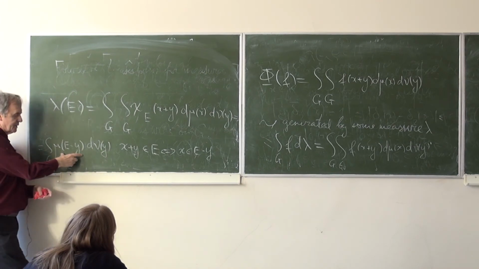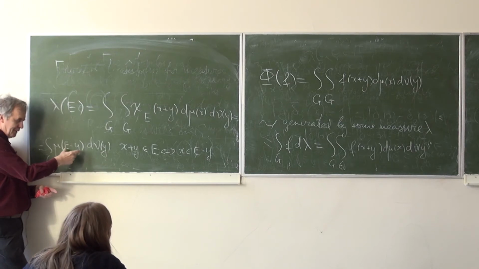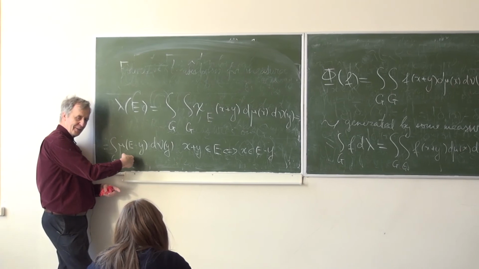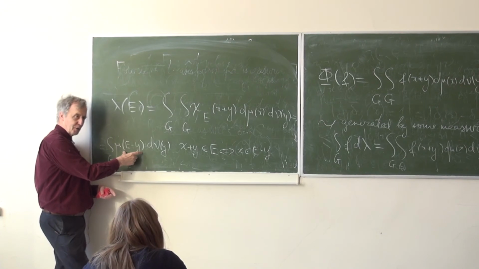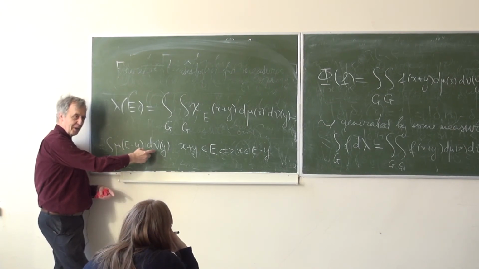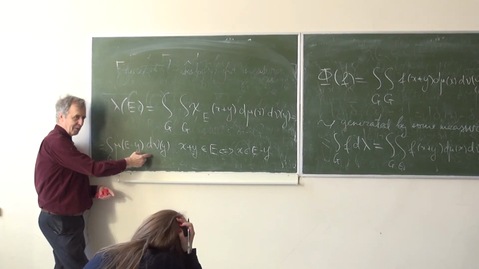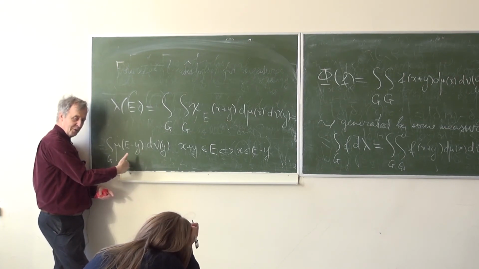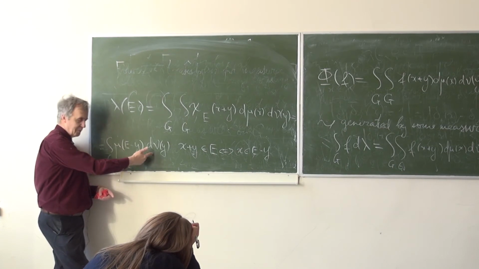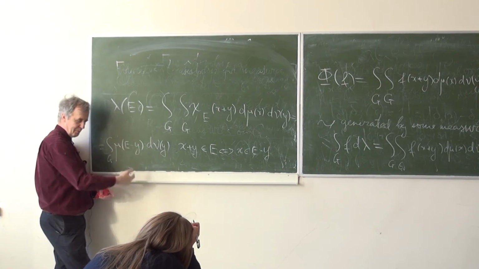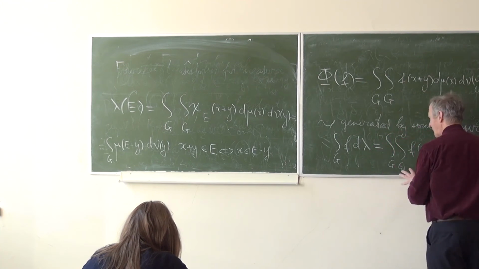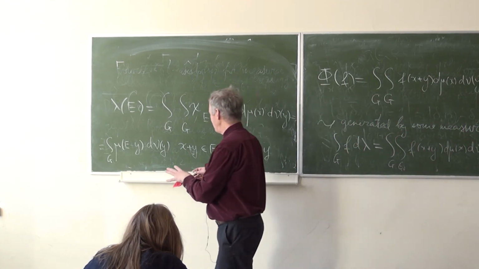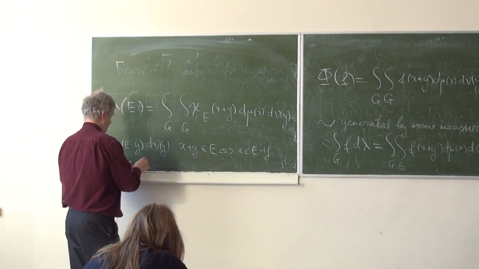And this, of course, resembles very much the formula for the convolution of functions. There also we consider the shift of a function by minus y, and here we consider the shift of the measure by minus y, and then integrate this against another measure. And precisely when we manipulate this way, some tiny measurability problems arise.